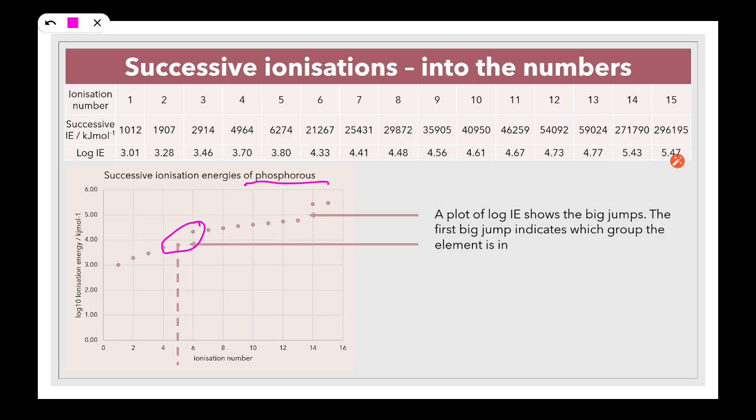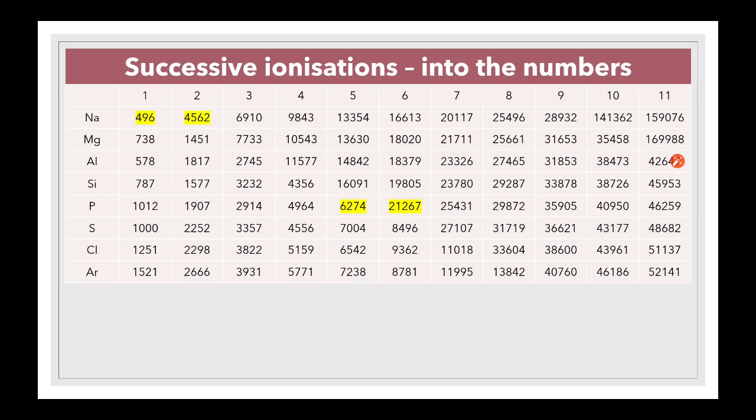Now, it told us this is phosphorus up here, but if we didn't know that, we could have worked this out, because once we've got to the 5th ionisation energy, the 6th is coming off from an inner electron shell. And if I look at this table of data here, highlighted are the ones that we've looked at, where we've seen the first big jump for each of them.